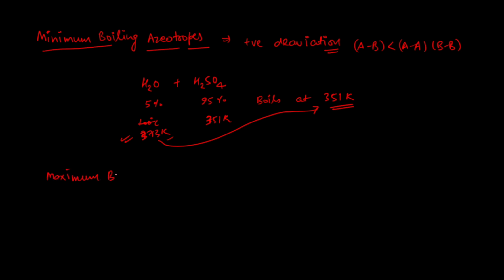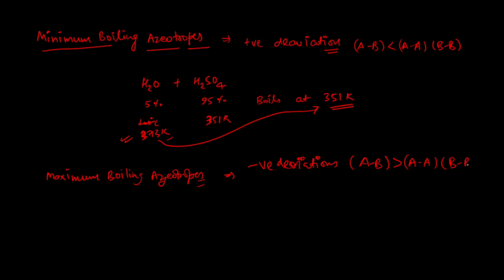Another category is maximum boiling azeotropes. They are formed by negative deviation, which means better interactions. So AB is having better interaction than AA and BB.